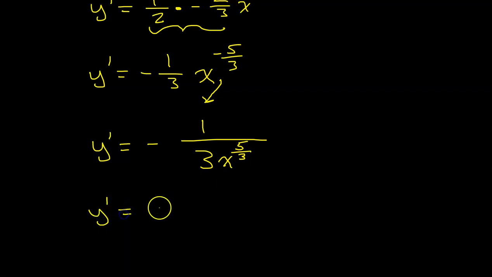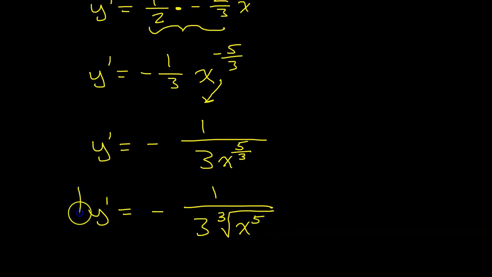So y prime is going to equal negative 1 over 3 times, and remember, this fractional exponent is in the form power over root. So the 3 is the cube root and the 5 is the 5th power. So this would be our final answer.